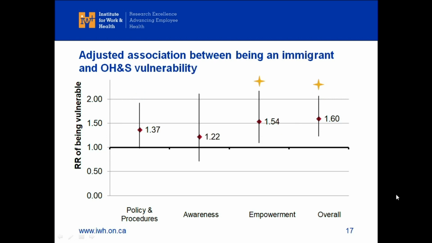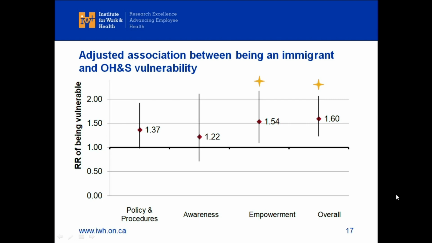And when we take that into account, we see a few changes. Overall, immigrants remain at a greater risk of overall vulnerability. But after taking into account those workplace characteristics in particular, we see that empowerment vulnerability stands out as an important driver of overall vulnerability among immigrants.